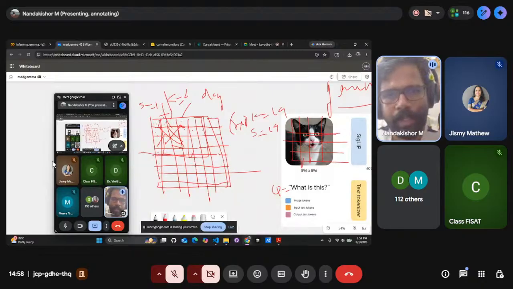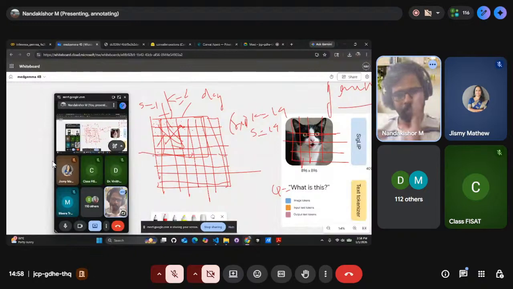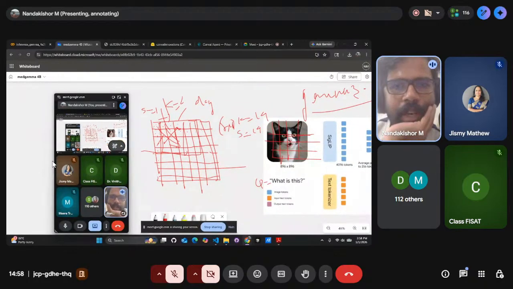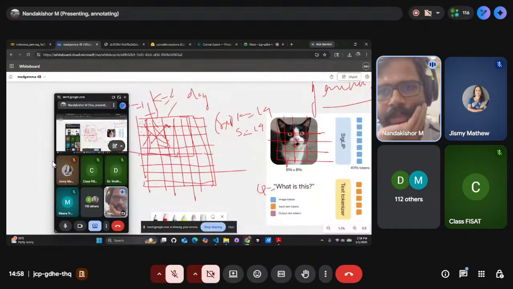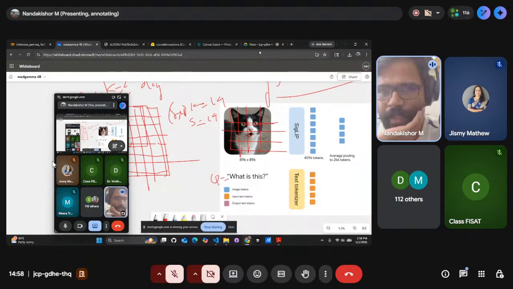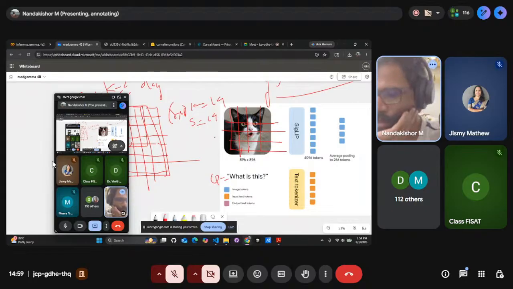The kernel is the grid that you move through the image to reduce the dimensionality of the image, and stride means how much you push it. Here the kernel is 14, the stride is 14, a defined value for this Gemma 3 model, and a padding of 0.